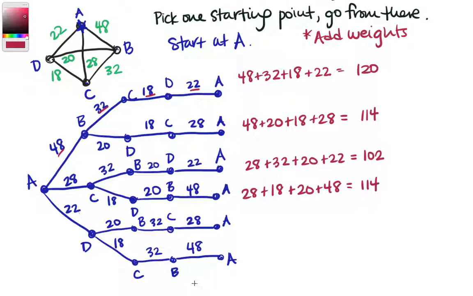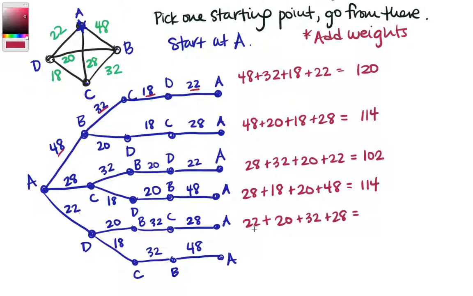And now we need to do the last two branches. A, D, B, C, A. We add those together: 22 plus 20 plus 32 plus 28.